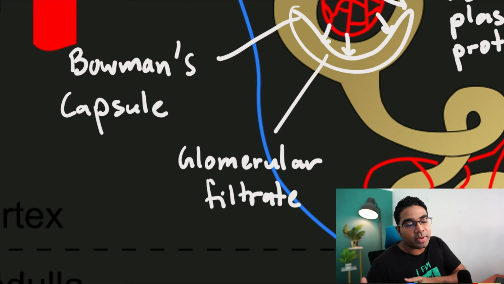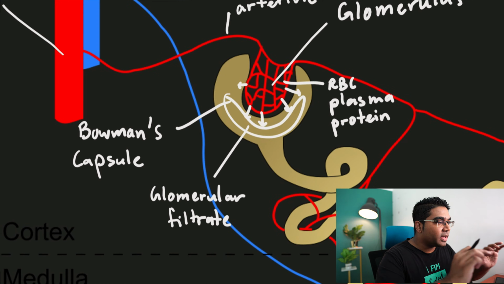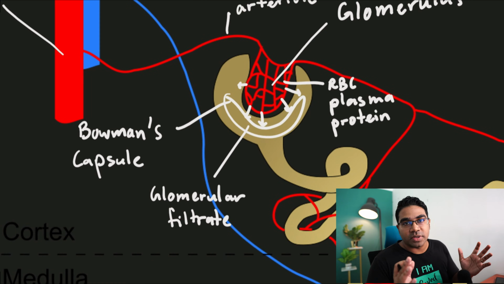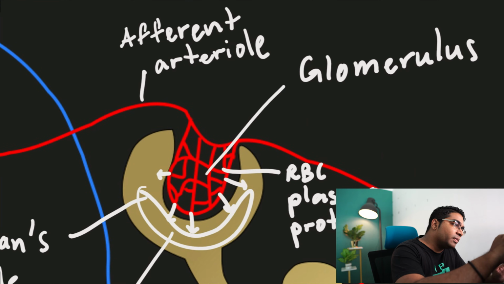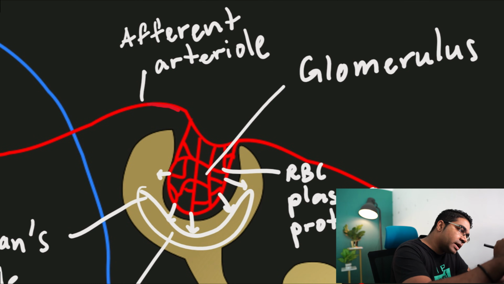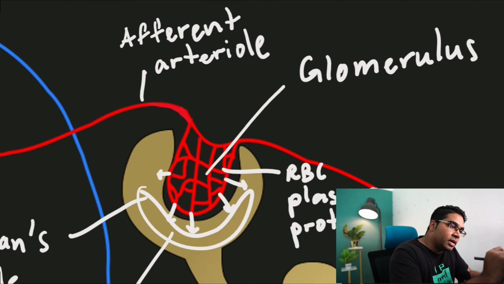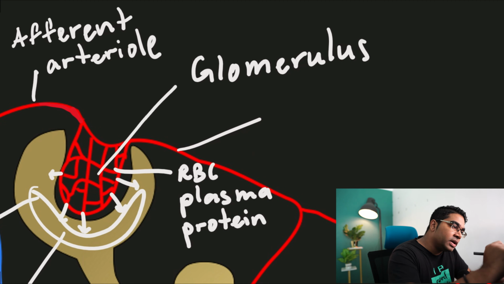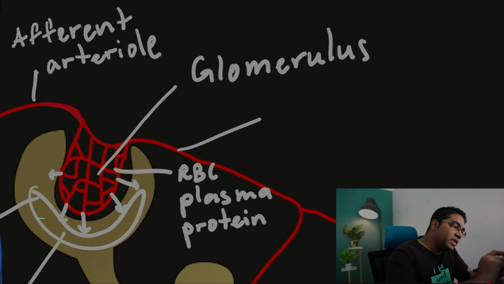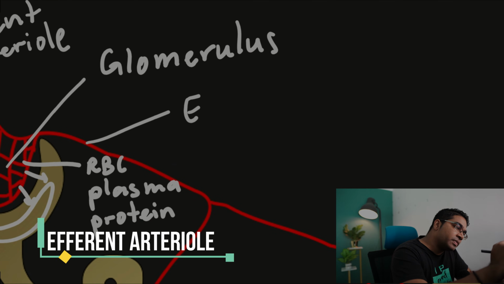So what causes this to happen? How come the blood plasma is forced out of the glomerulus into the Bowman's capsule? This is because the afferent arteriole actually has a larger diameter compared to this arteriole here. The arteriole after the glomerulus has a special name. It is known as the efferent arteriole.